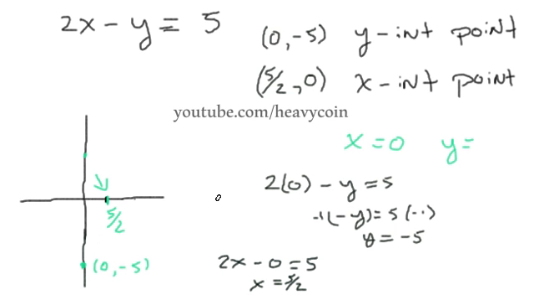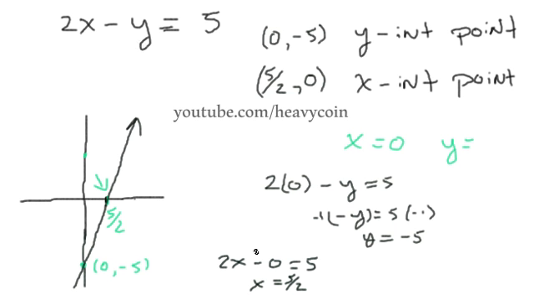And then I'm going to attempt to draw a straight line that passes through here and goes up in that direction. So this is the graph that corresponds with this equation. If we had to graph this equation, this is what we would get.